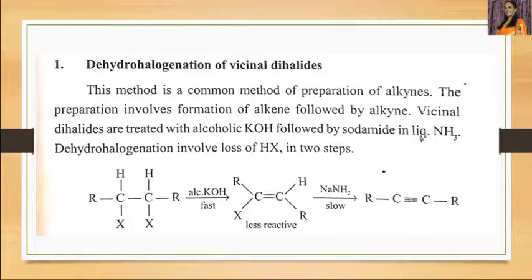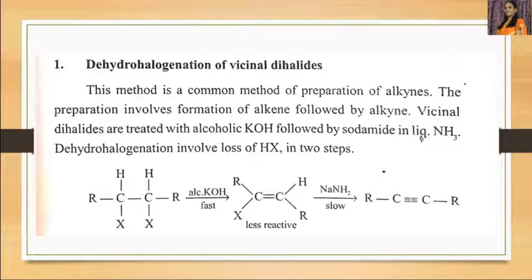This is a fast step. Hydrogen from one carbon and halogen from another carbon are removed. Then we will get an alkene.